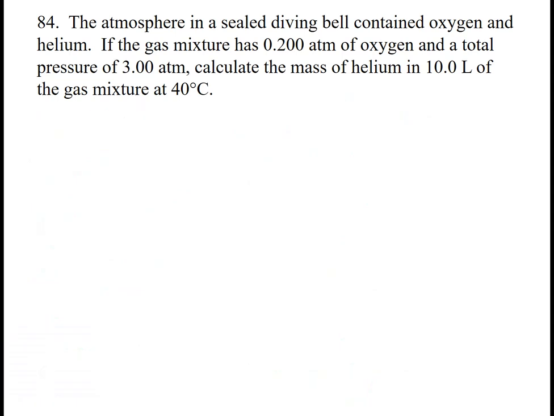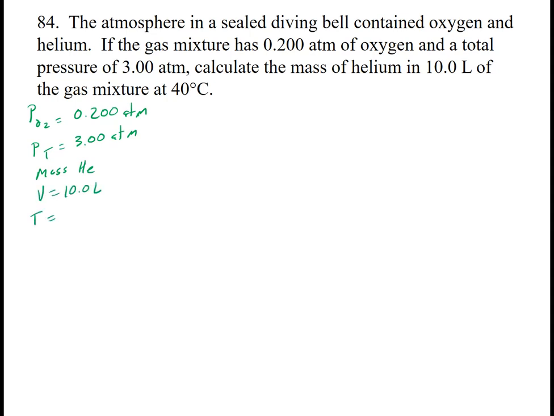Now I'm erasing. All right, it's easier to rewrite the little bit that I need, which was the pressure of O2, 0.200 atmospheres. The total pressure was 3.00 atmospheres. They want to know what the mass of helium is. I have a volume of 10.0 liters.